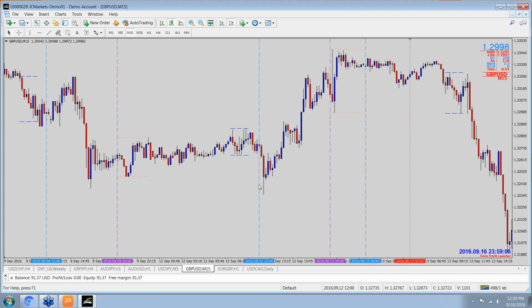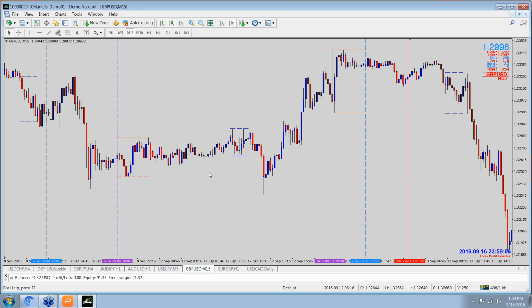I've found a very high level of probability in this strategy, at least 1 to 3 times a week, sometimes 4 or 5 times a week. You're going to win some and lose some, but you're winning a lot more on the winners than you're losing on the losers.